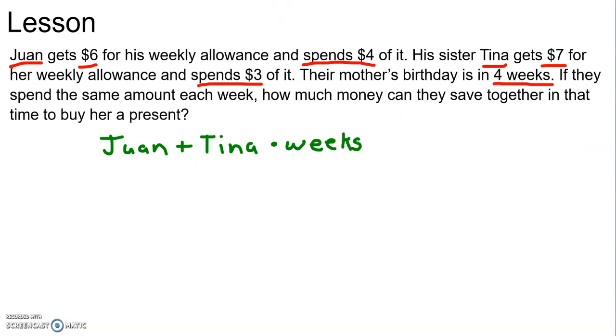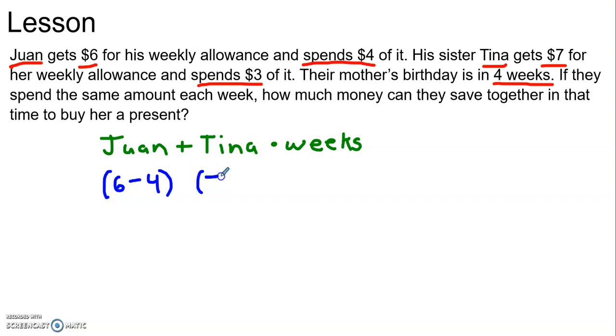Because I look at this and I go, well, Juan gets $6, but he spends $4. And I know I have to figure out how much Juan could save a week. I need to put that in parentheses, right? So for Juan, he gets 6, but he spends 4. And then I look at the same thing for Tina. Tina gets $7, but she spends 3.